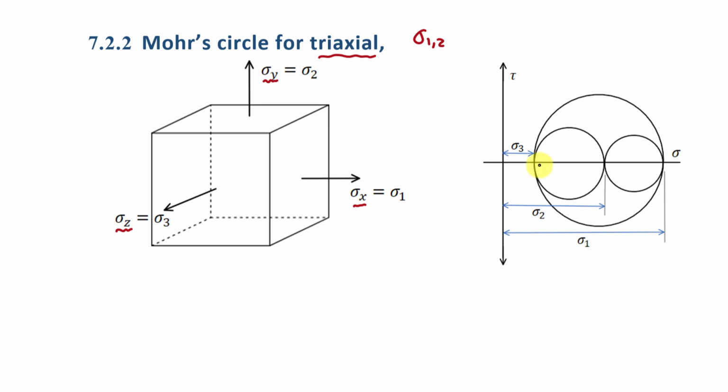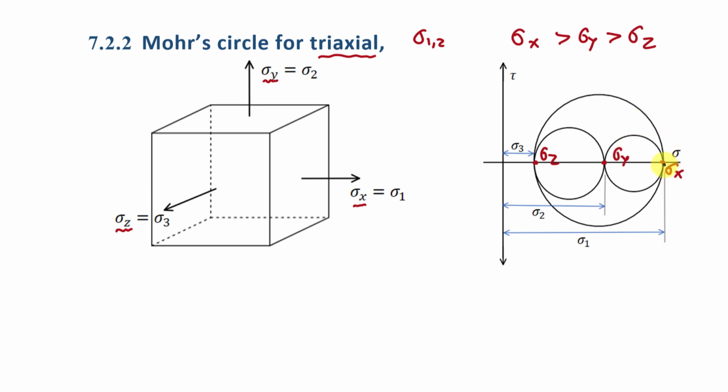Now here, if you mark these 3 points, this point is of sigma x, this point is of sigma y, and this point is of sigma z. And in this case, sigma x is greater than sigma y is greater than sigma z. Fine. So by using these 3 points, you can draw these 3 circles, right? So in the case of 3D loading condition, there will be 3 Mohr circles.